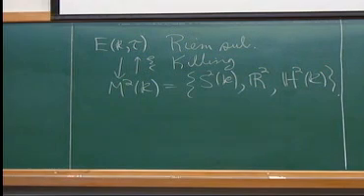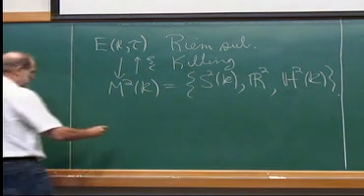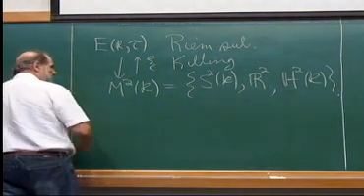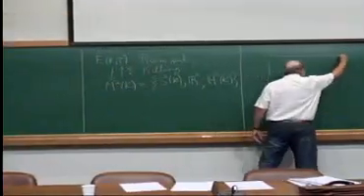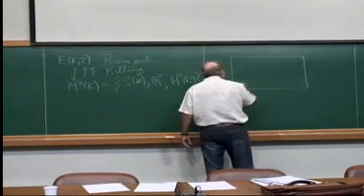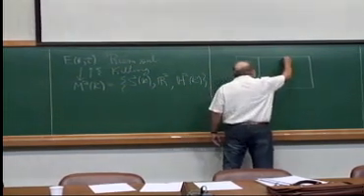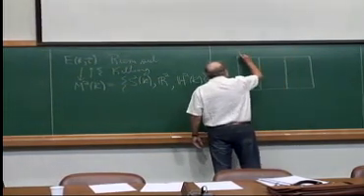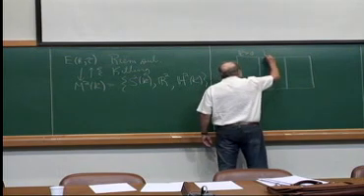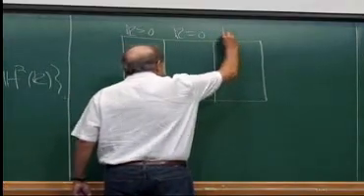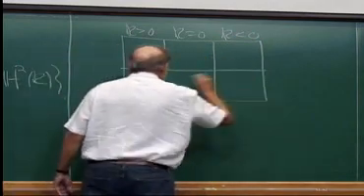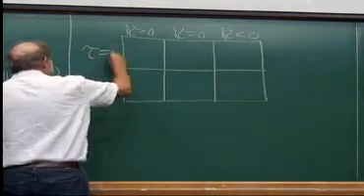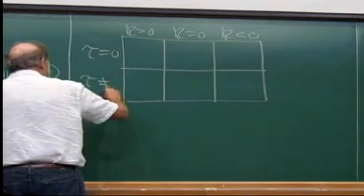Now, what are these manifolds? I think of kappa as positive, kappa 0, kappa less than 0, tau equals 0, tau different from 0.